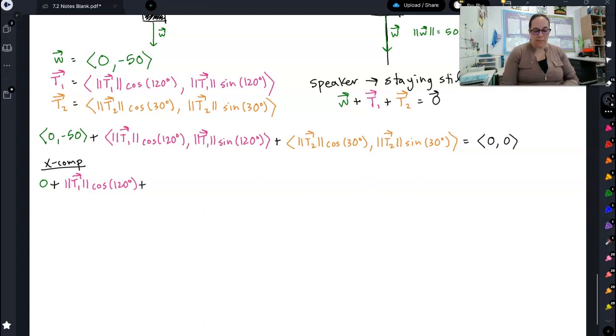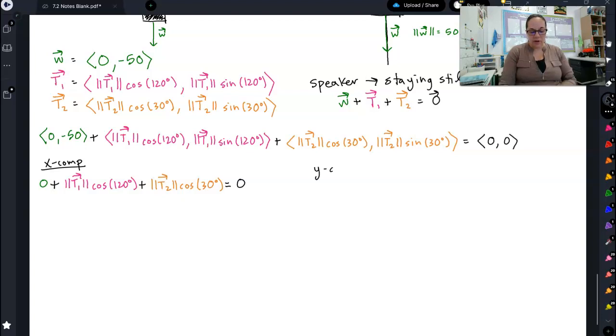And the x component of the T2 vector is that. It should equal the x component of my 0 vector. So that's what I get when I add all the x components together.